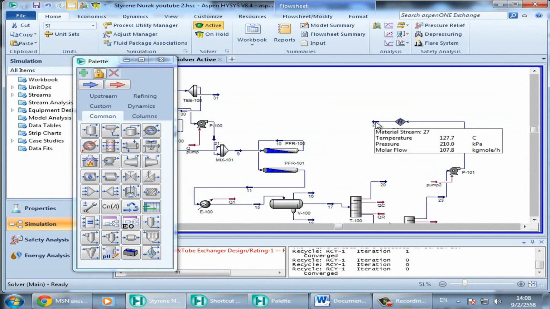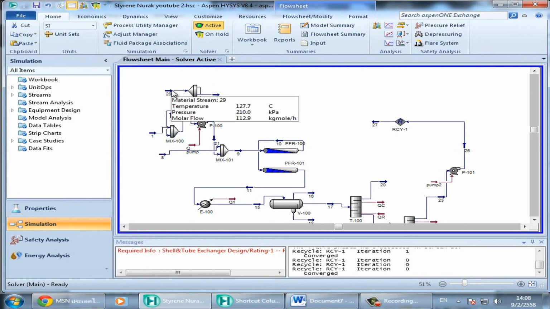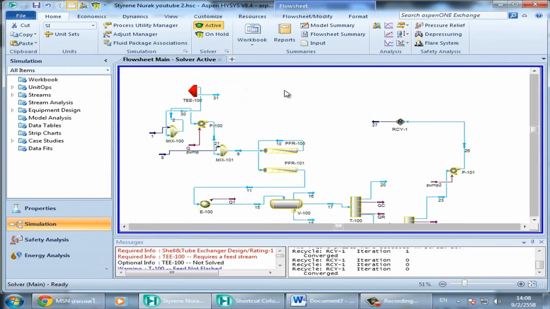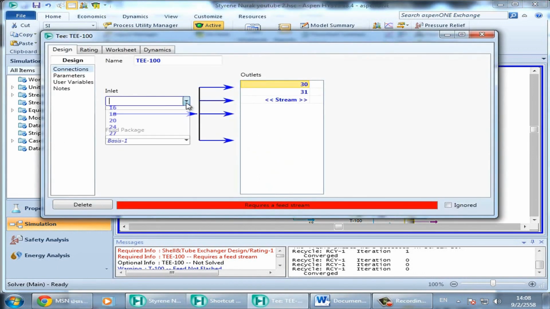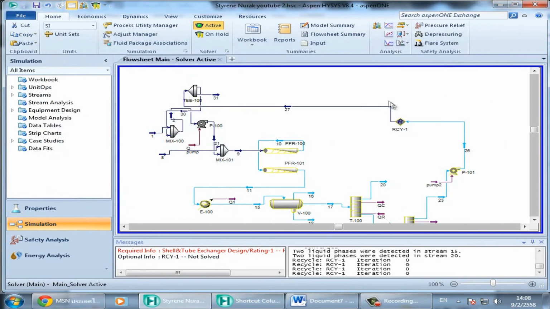Now it is about the same pressure but different temperature. We need that to connect with 27. Okay.